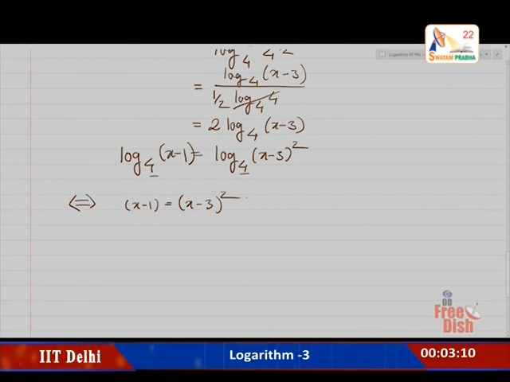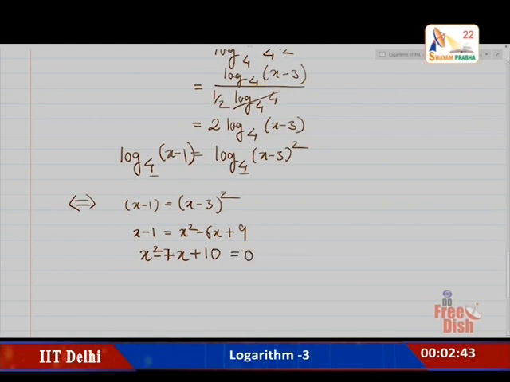Now this is a very easy problem, because you have a quadratic equation, that is x minus 1 is equal to x square minus 6x plus 9. Correct. You can easily simplify this: you can take this to the other side, so it will be x square minus 7x plus 10 is equal to 0.